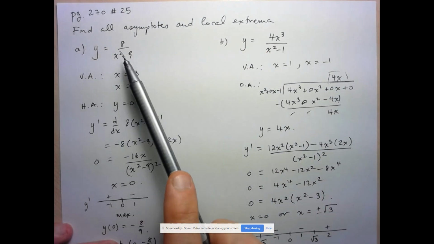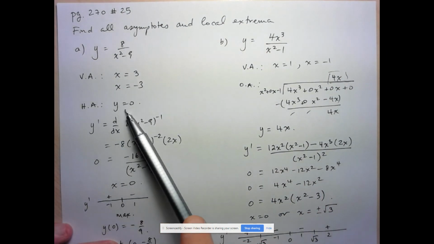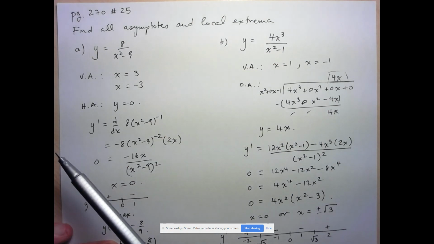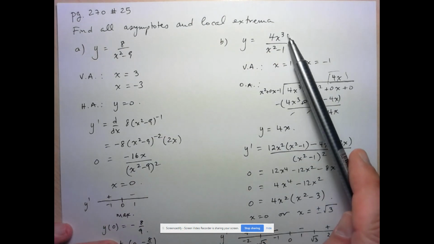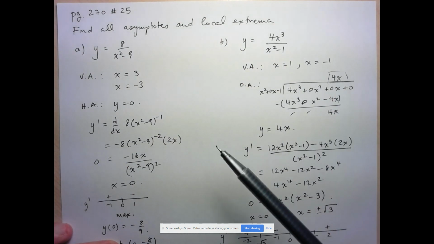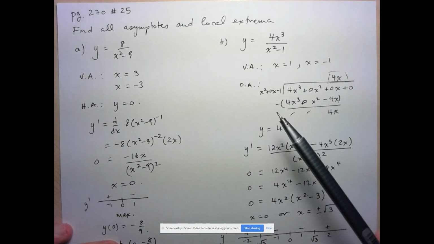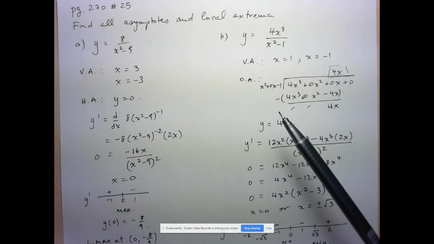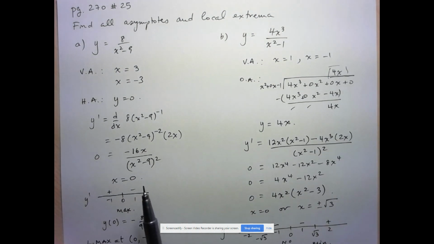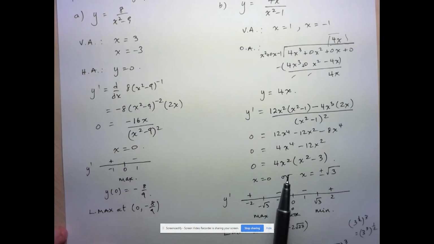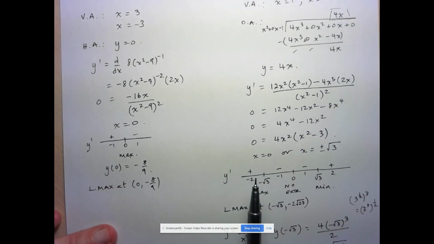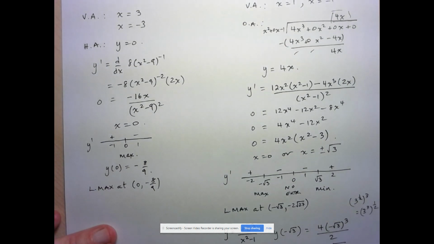In this case here, numerator larger degree, so automatically y equals 0. Here, numerator larger degree by 1 more, so we needed to find our oblique asymptote by dividing. And then of course finding local extrema is about finding the zeros of the derivatives and then testing the intervals on either side for the derivative signs. All right, that's it for this one.